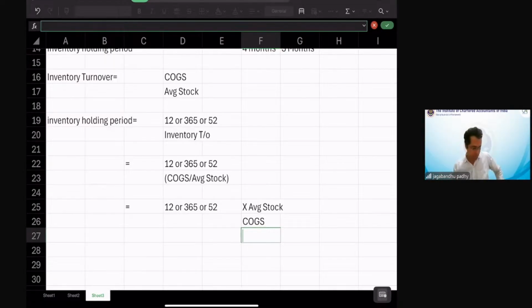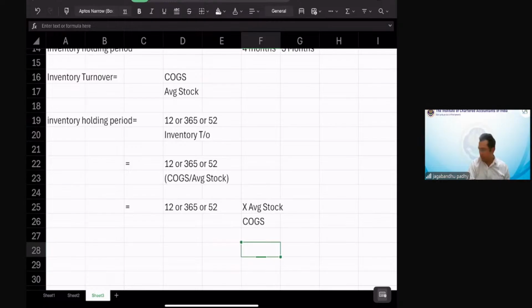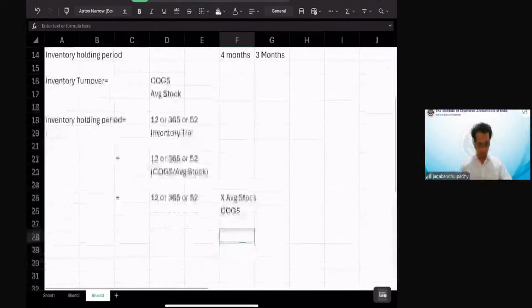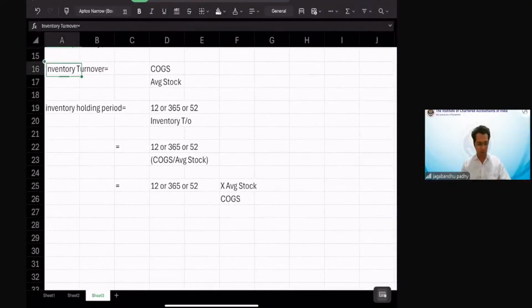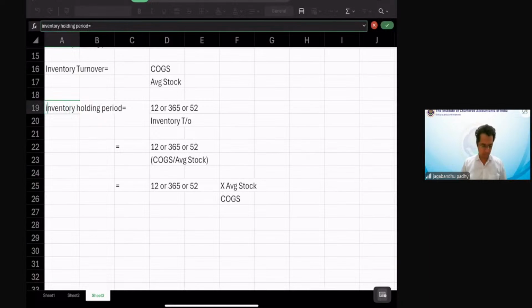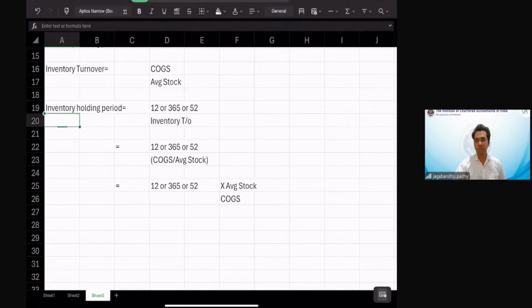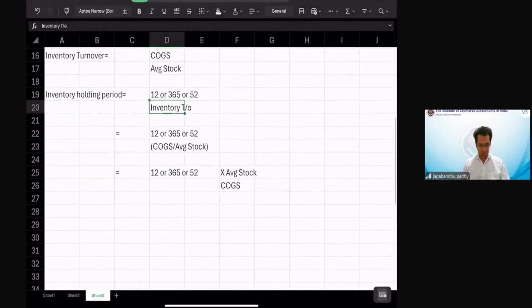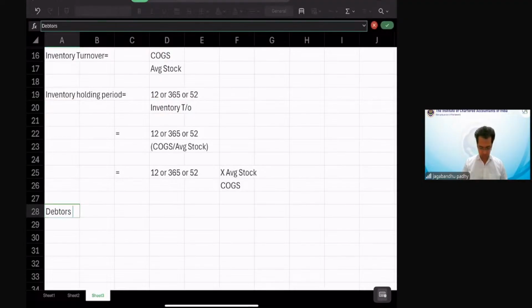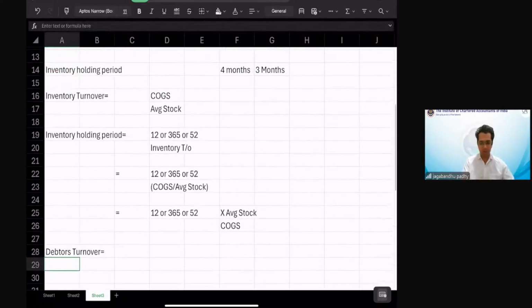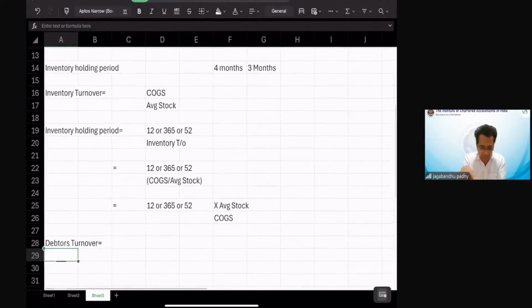Okay, so that's the inventory turnover and inventory holding period. Now, on similar lines, we have another set of turnover ratios, which is debtors turnover. By the way, all the turnover ratios are always higher the better.